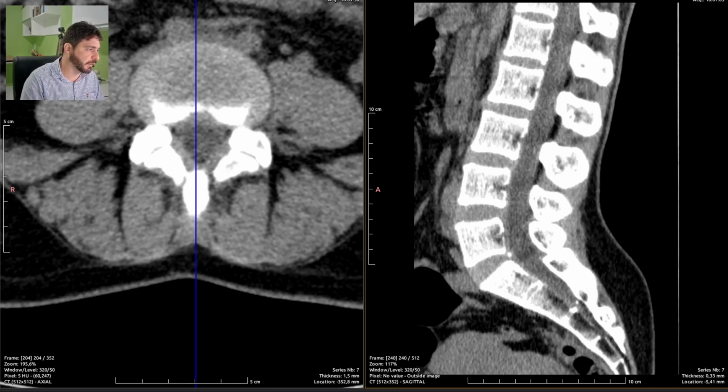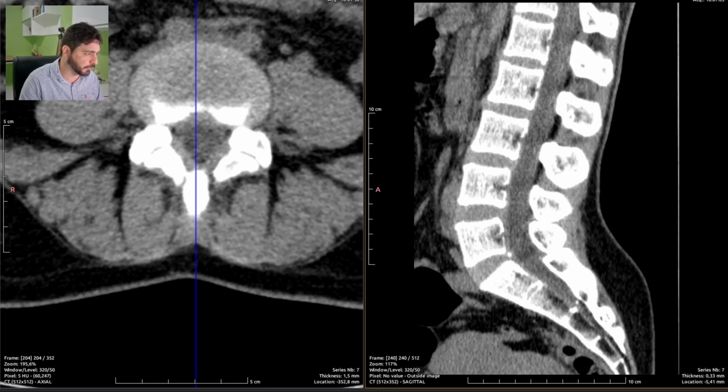Yellow ligament thickening on L4, L5. And facet joints are fine. Mild stenosis of L4, L5 neural foramina or intervertebral foramina, which can be the reason for the chronic lumbar pain of the patient.